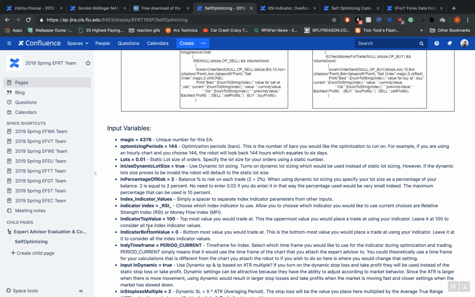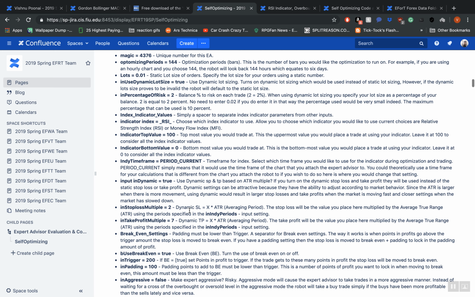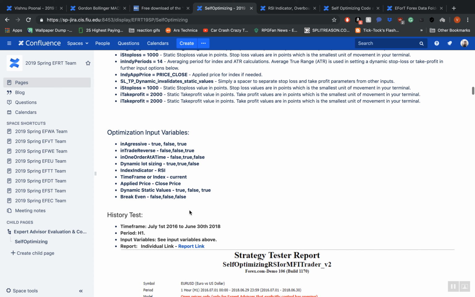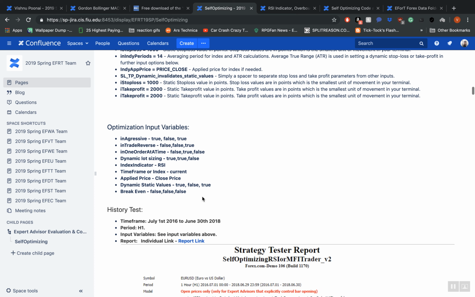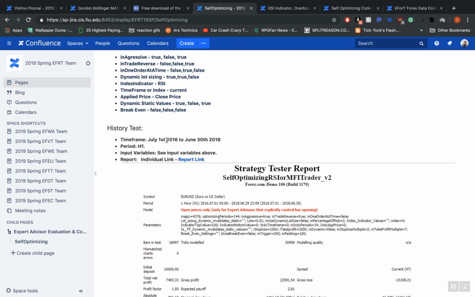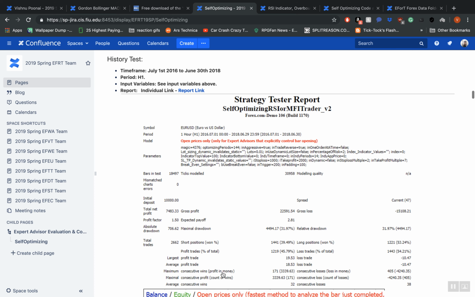I did some of my own optimization. I used the input variables recommended by the creator of this EA, and I narrowed it down to this group of optimization values. For my history test, I tested July 1st, 2016 to June 3rd, 2018, period H1. You can also use the Confluence page here to download relevant historical data.